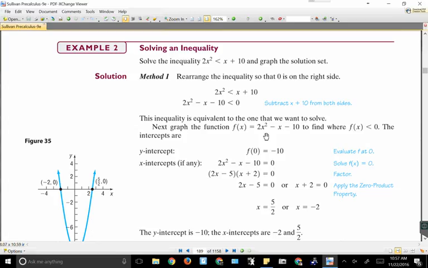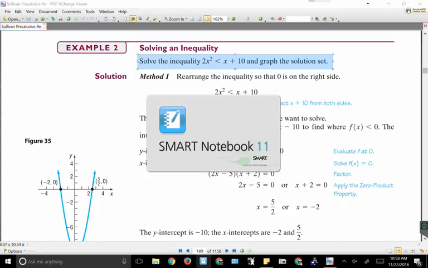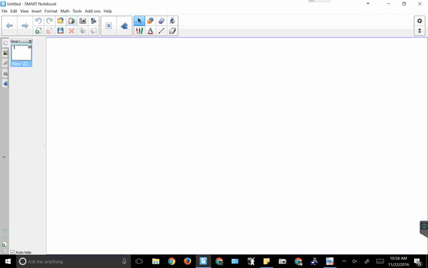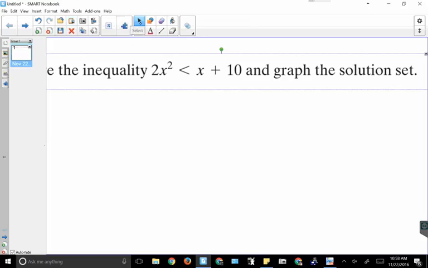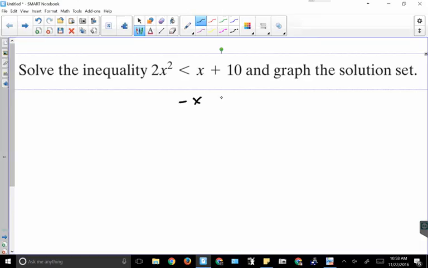Okay, so I've got something like this. I want to be able to deal with this, so I'll move everything over to one side: subtract x, subtract 10, subtract x, subtract 10.